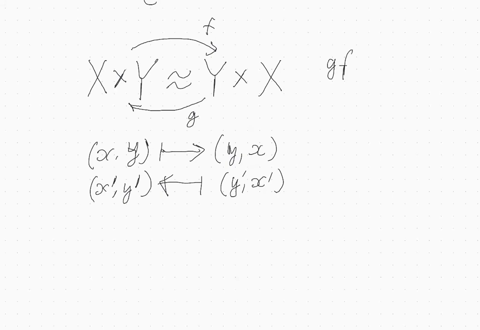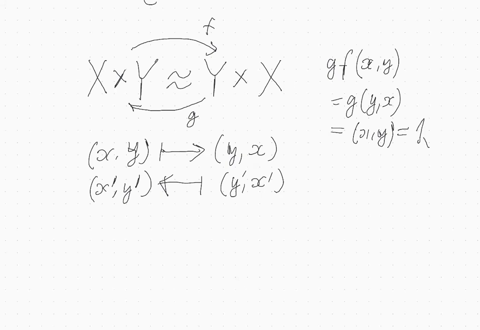So it will be G applied to, what is F of xy? Well, that's yx, right? And what is G of yx? Well, that's xy. And so we get that GF of xy is the same as the identity function of x cross y applied to the pair xy.